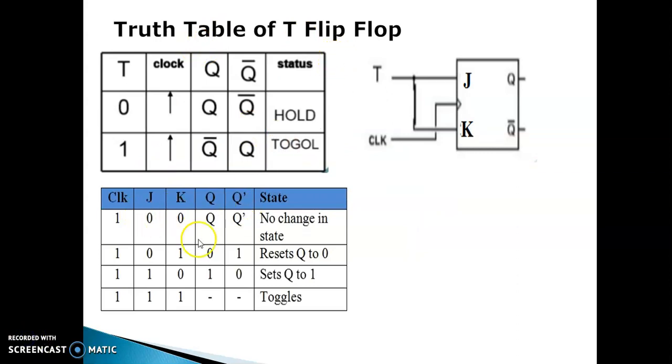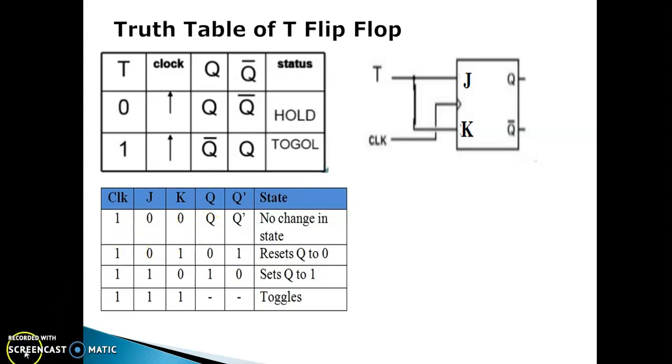We know the truth table of the JK flip-flop. This is the truth table for the JK flip-flop. As T flip-flop is a simplified version of the JK flip-flop, that means J and K are connected together, that means both will be the same. That is nothing but T input. So from this table we have to consider such conditions where J and K are same.